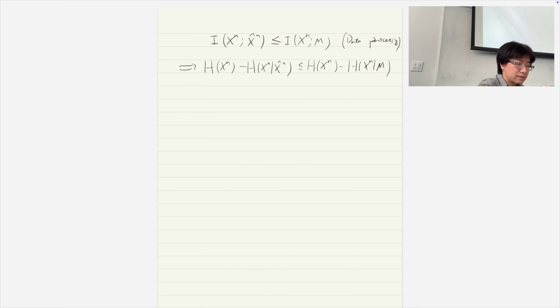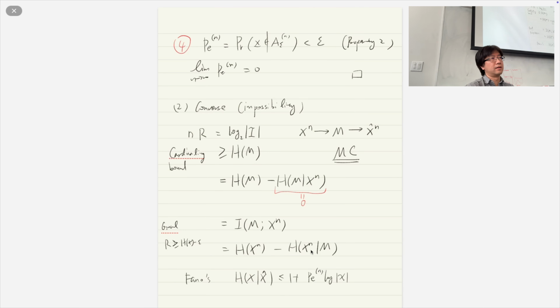So now we can see that we can cancel this. Okay, and then we can conclude that this guy is less than or equal to this guy. Then it means that we have an upper bound on this, right?